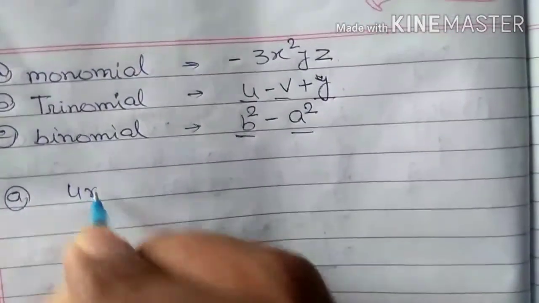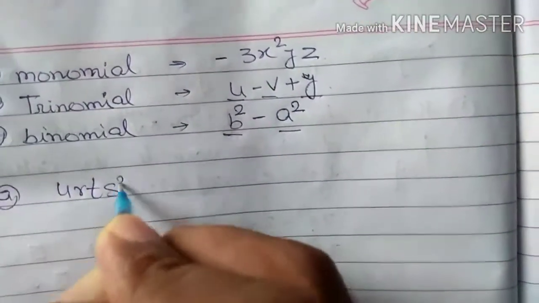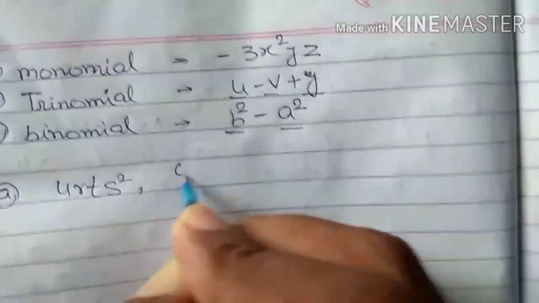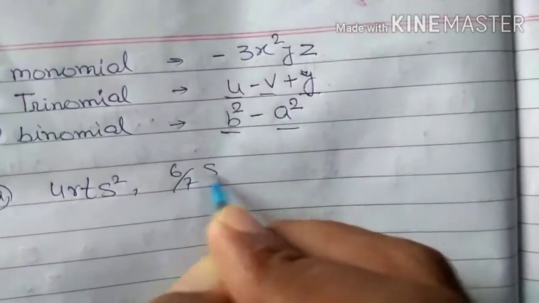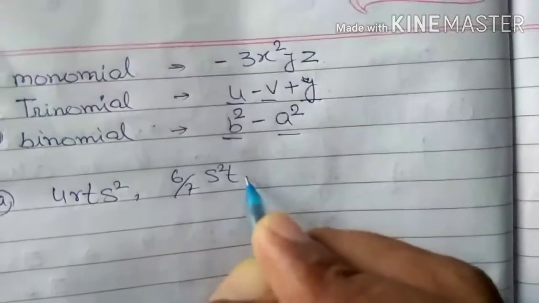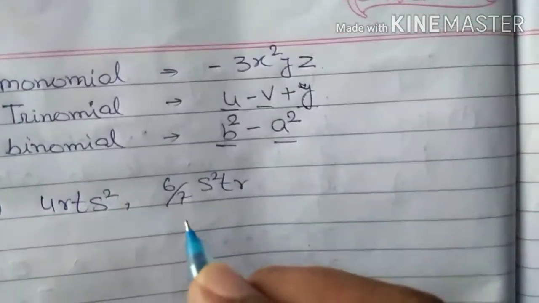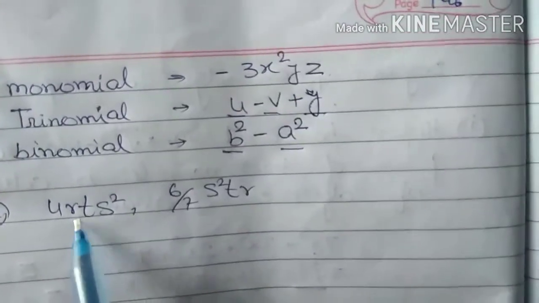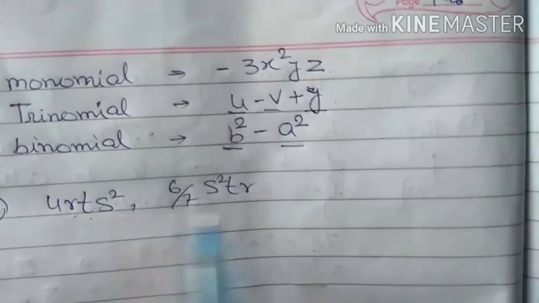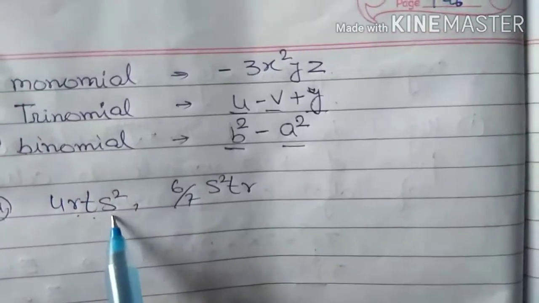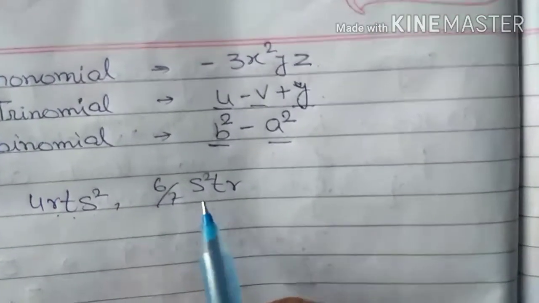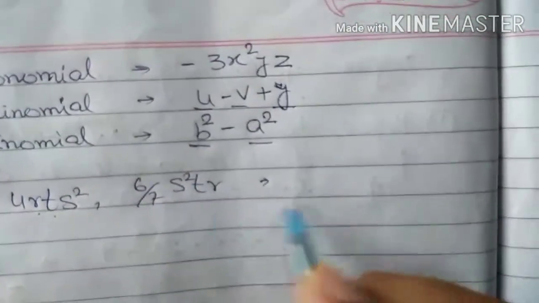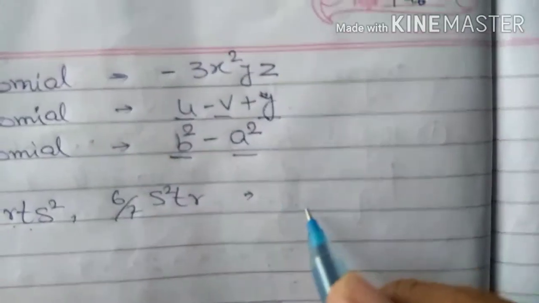What do we see? Look here. r is here also, t is also here, and s square here also s square. So we can say that this is a pair of like terms.